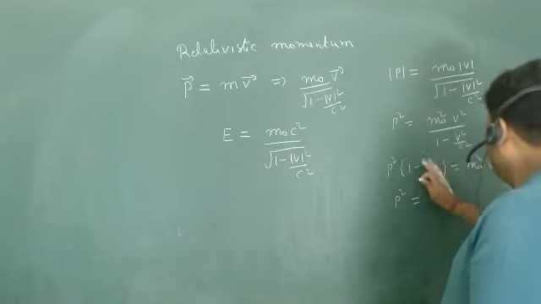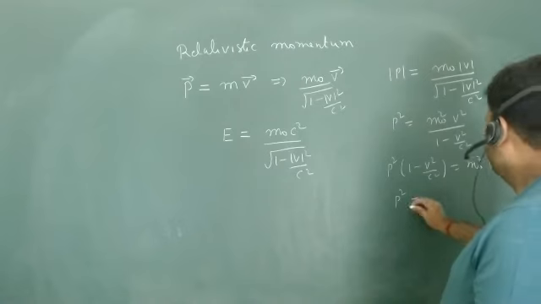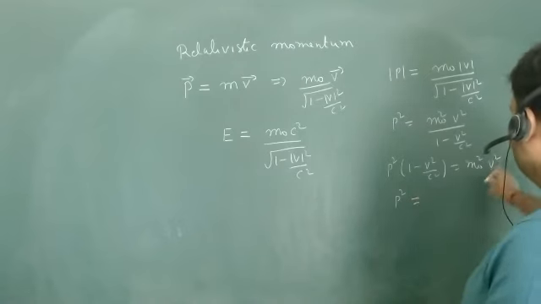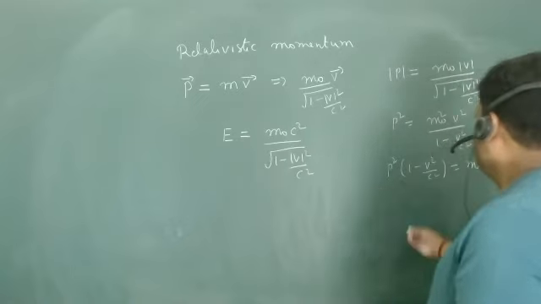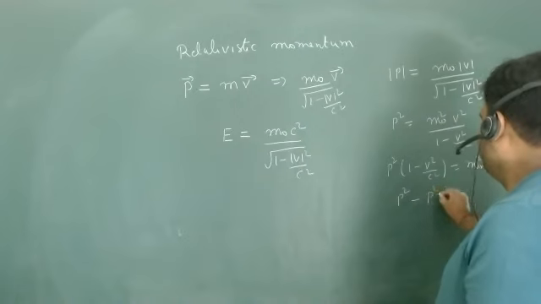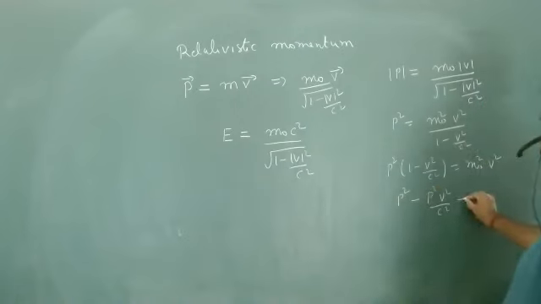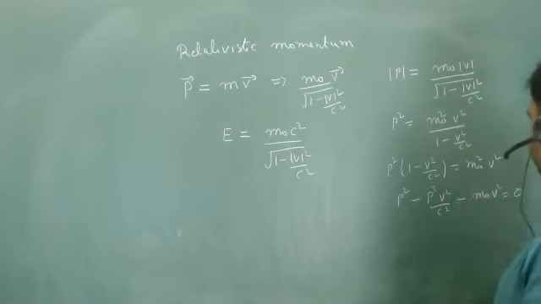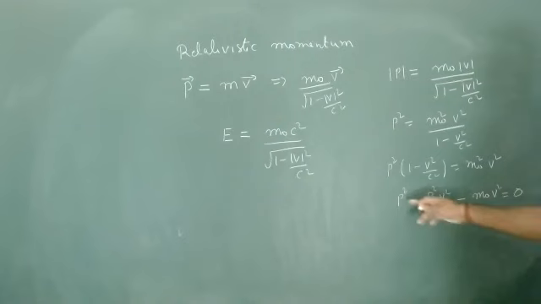We have to write velocity as a function of momentum. So we can write p square minus p square v square upon c square minus m naught square v square is equal to 0. So we can collect terms here and find velocity as a function of momentum.